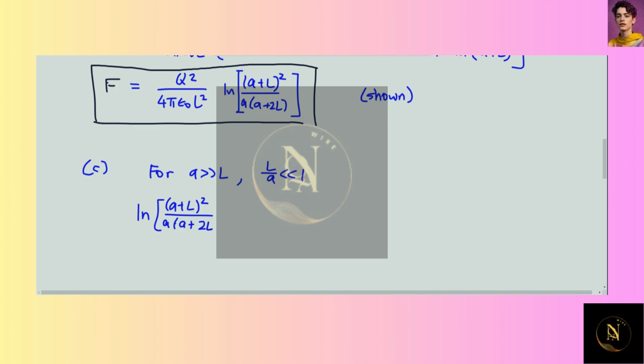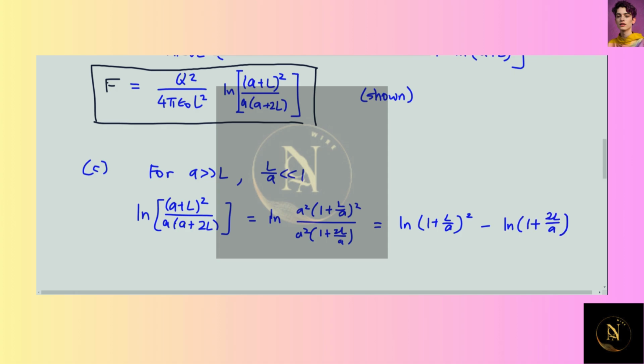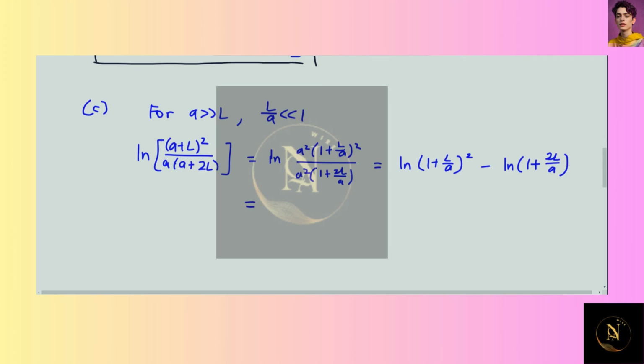We want to utilize L over A much less than 1, so we can pull out the A from the numerator and the denominator. So you get natural log of (1 plus L over A) squared minus natural log of (1 plus 2L over A). I'm going to simplify further: 2 natural log (1 plus L over A) minus natural log (1 plus 2L over A).